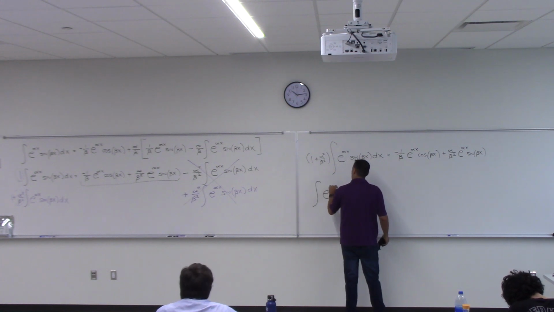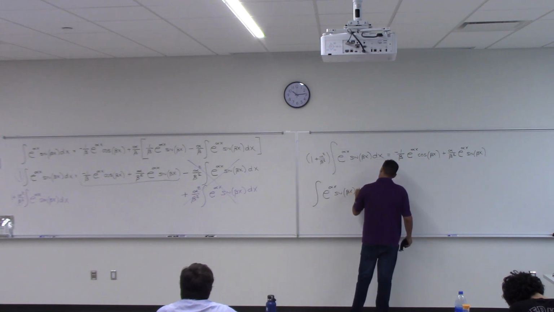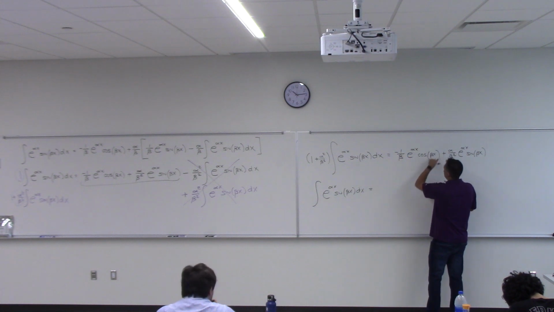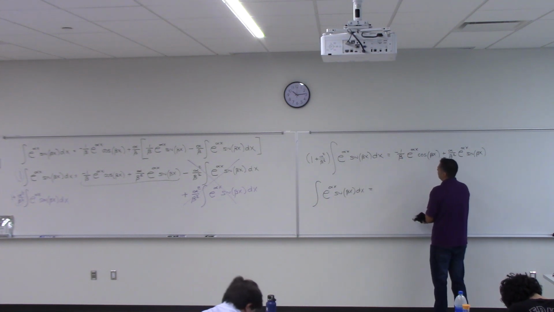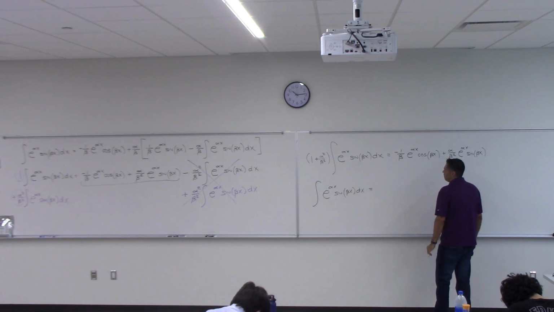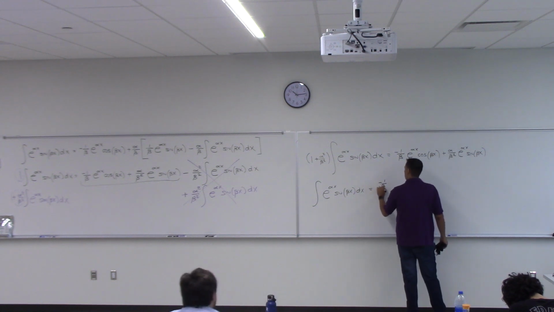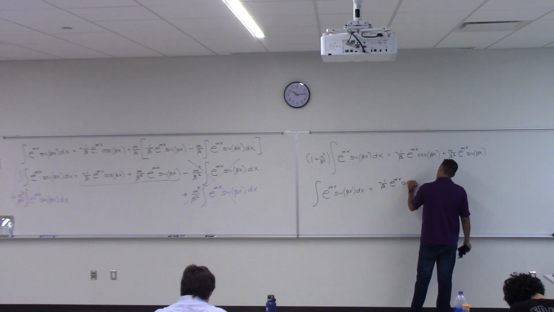E to the alpha x sine beta x dx equals, okay, I'm going to take this entire expression and divide by that. There's so many different ways you can write this. I don't even know how I want to write it, to tell you the truth. How about I just do it like this? Negative 1 over beta e to the alpha x cosine beta x.